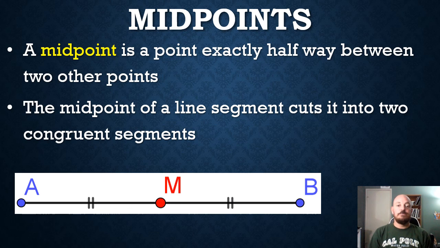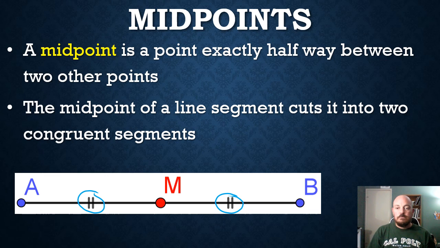So here's a picture. We had line segment AB. We used M for midpoint, the red one. And because it cut it exactly in half, we marked them congruent. In this picture, which I found online, they used two markers here and here. They really only needed one, because you can use one to show congruent and two to show more congruent.